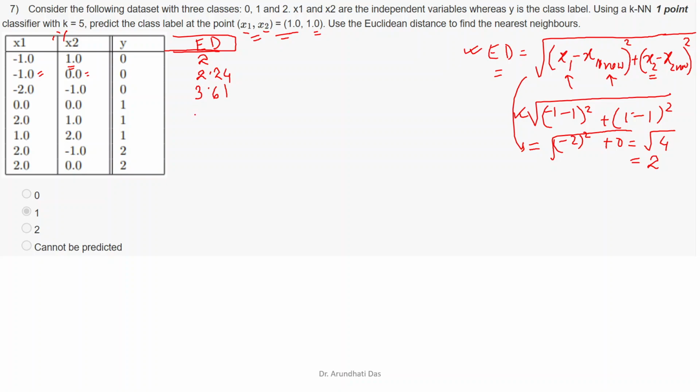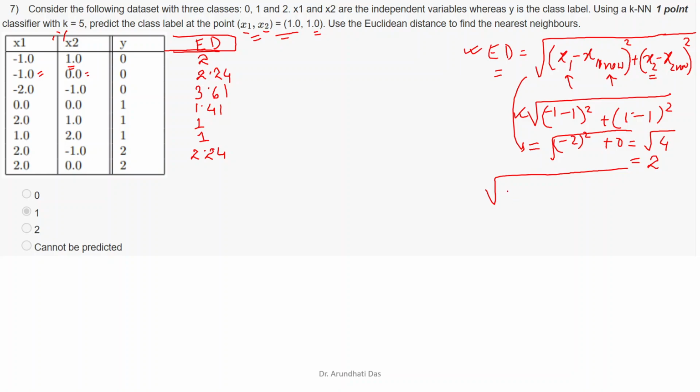With the fourth data point, it is 1.41. With the fifth data point, the distance value is 1. Then the next data point also has distance 1. With the next data point, it is 2.24.